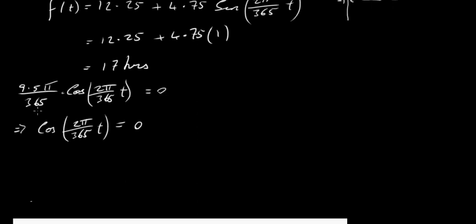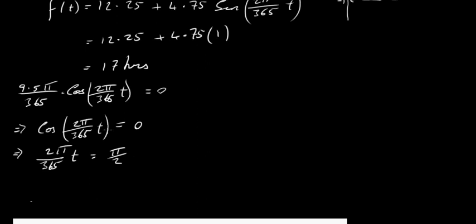So now we've ended up with cos 2 pi over 365t is equal to 0. So the cos of what angle will give me 0? Well, it's going to be pi over 2, or 90 degrees. The cos of 90 degrees will give me 0. So in other words, this thing here must be 90 degrees, or we're dealing in radians, so it's pi over 2. So this 2 pi over 365t must be just simply pi over 2.